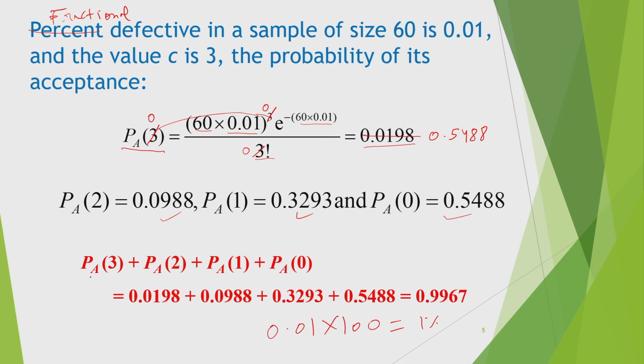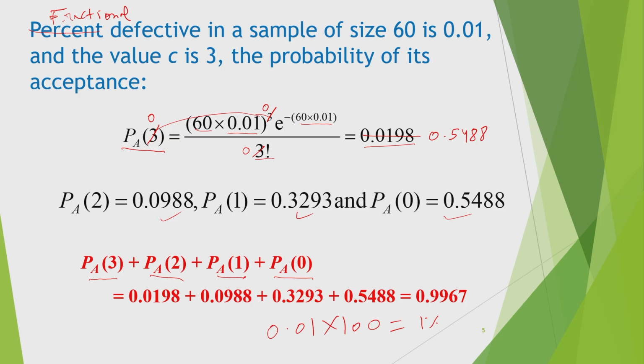So overall probability of acceptance is PA3 plus PA2 plus PA1 plus PA0, because in 4 ways any lot can be accepted. If you have 3 defect, then also it is accepted. If you have 2 defect, then also it is accepted. If you have 1 defect, then also it is accepted. If you have 0 defect, then also it is accepted. So sum them. So this probability has come out to be 0.9967. That means a very high probability is there.